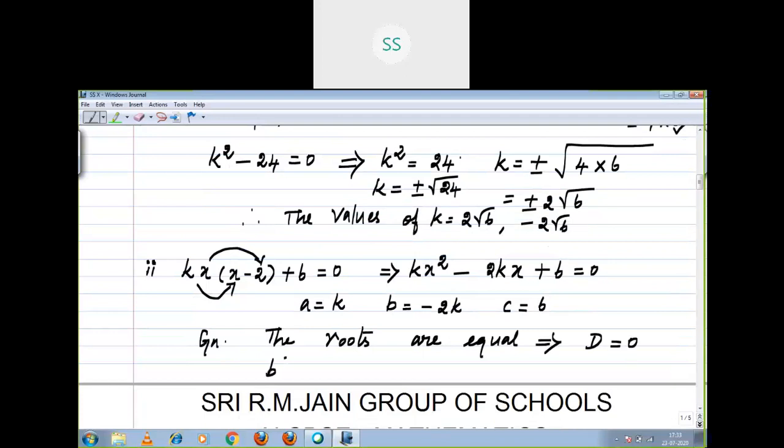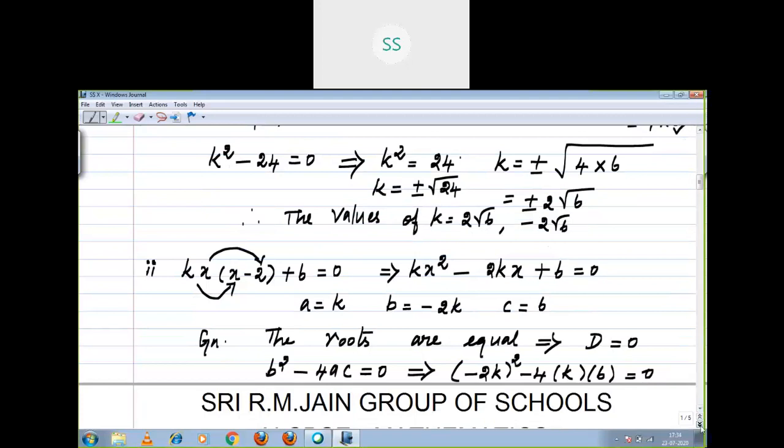What is D? B square minus 4AC equal to 0. Minus 2k the whole square minus 4 into k into 6 equal to 0, right?